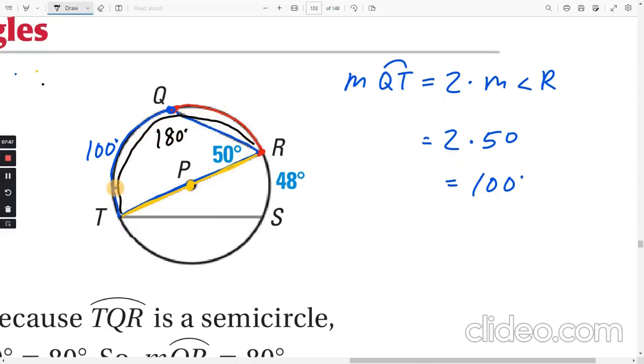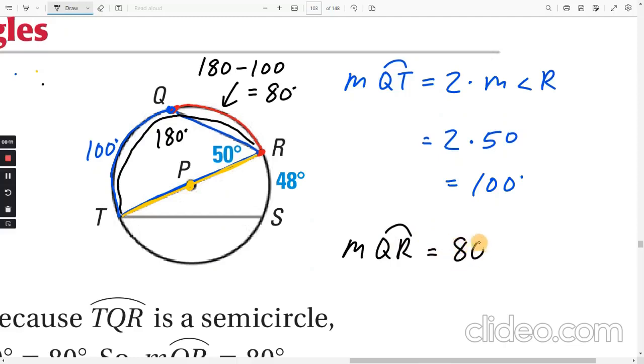If the whole thing is 180 and this piece right here is 100, then this is just 180 minus 100, which is 80 degrees. So the measure of arc QR is 80 degrees.